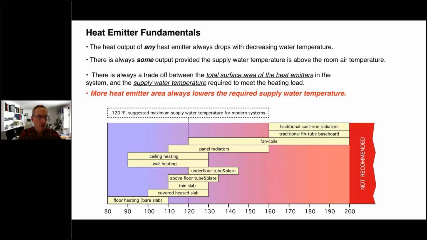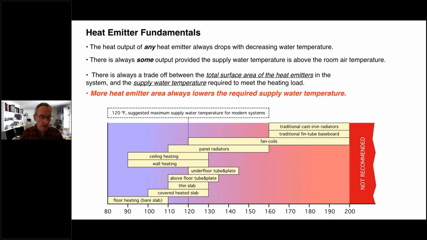And again, over the last several decades, the North American market, if you roll back into the 1950s, 1960s, it was largely about high temperatures, 180, even over 200 degrees Fahrenheit. Fuel was inexpensive. It was less expensive to build smaller heat emitters and go to higher water temperatures. And that trend has certainly shifted as we looked at modern heat sources like heat pumps.